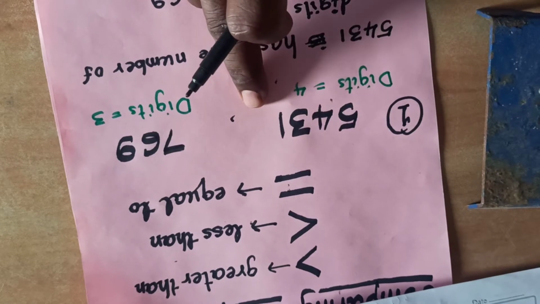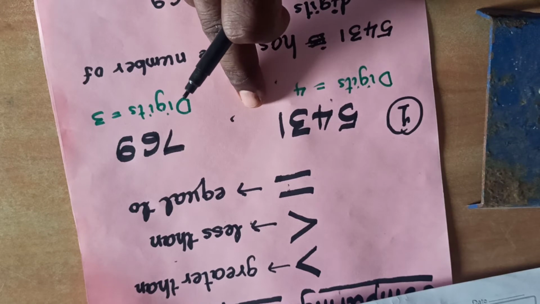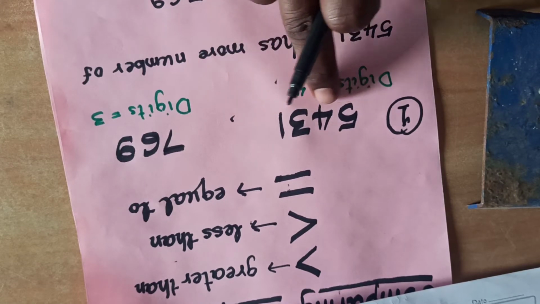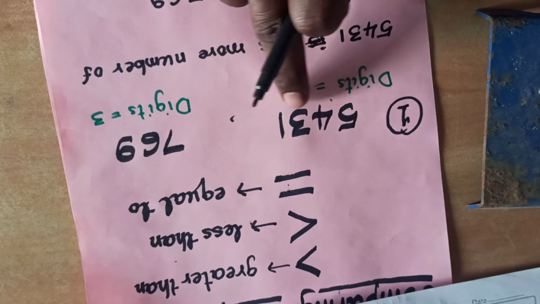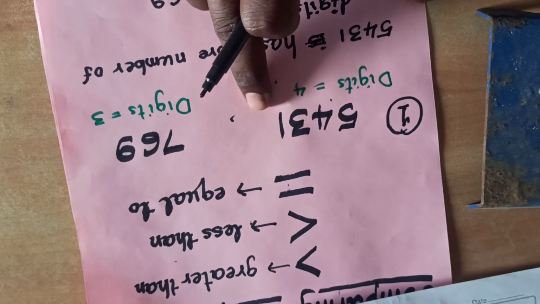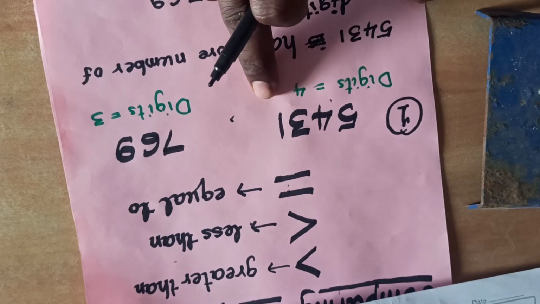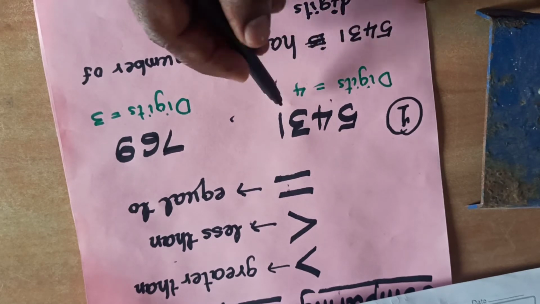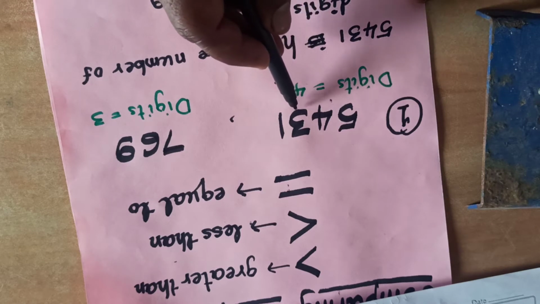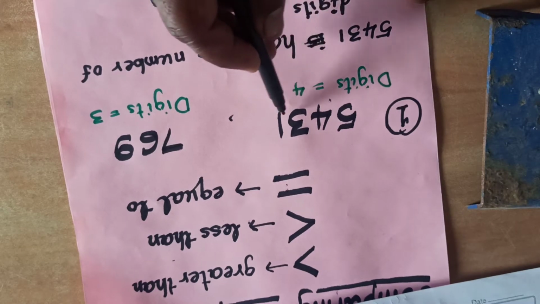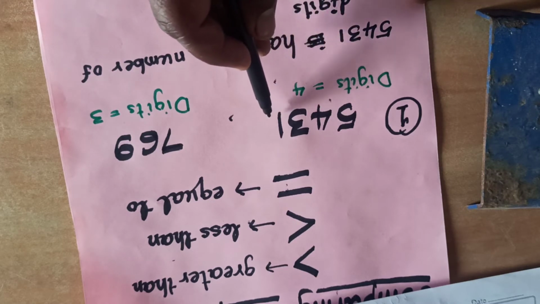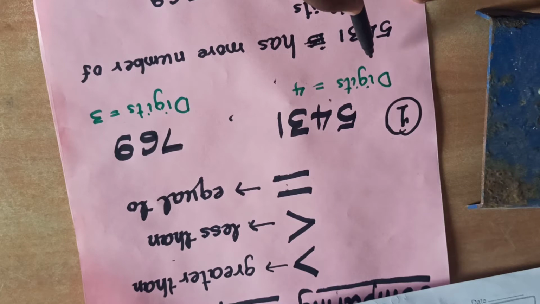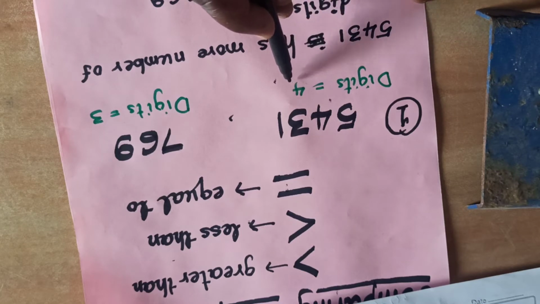As we all know, a number contains digits. How many digits are here? Let us count: 1, 2, 3, 4. In this number, there are 4 digits.